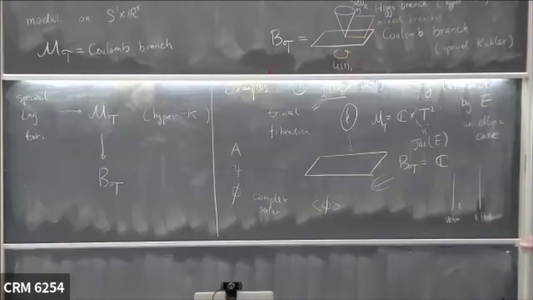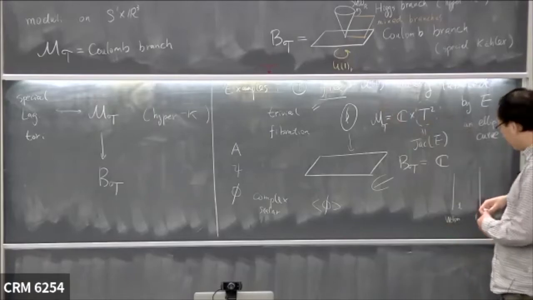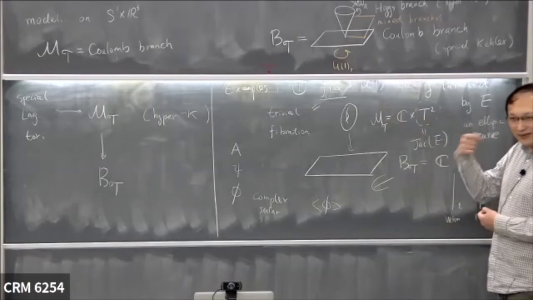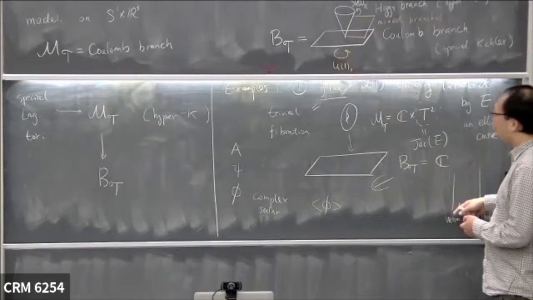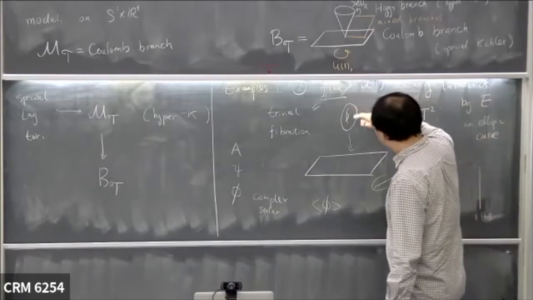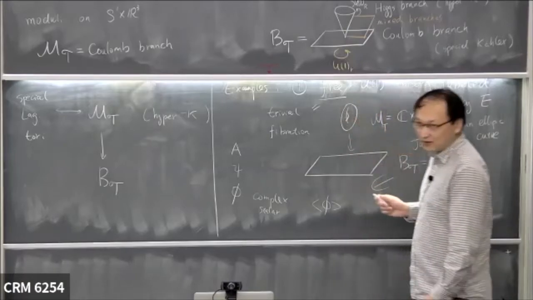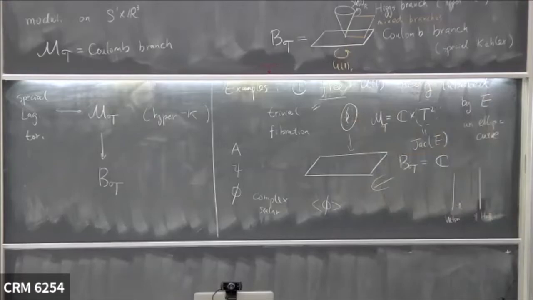If we put this on S1 times R3, you can ask what is the expectation value of this line when I wrap it on S1. And those parameterize the longitude and meridian of this torus. So is that answering the question?